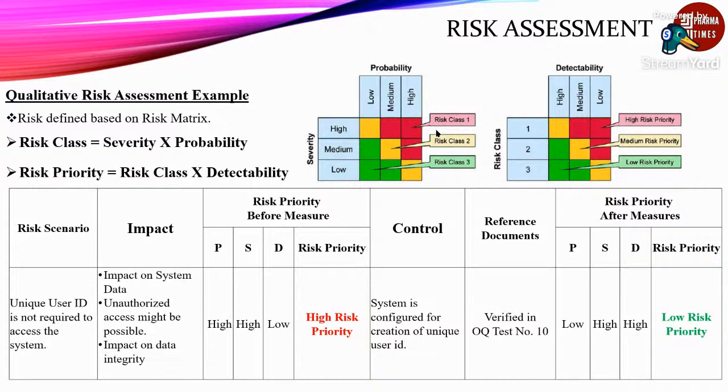Then based on the second picture on this screen, if my risk class is 2 and detectability is high, the green part of the second picture reflects a low risk priority. So after the measure, I got that there is no risk, or it has a low risk priority for this risk scenario. So this is one example of how to define the risk.